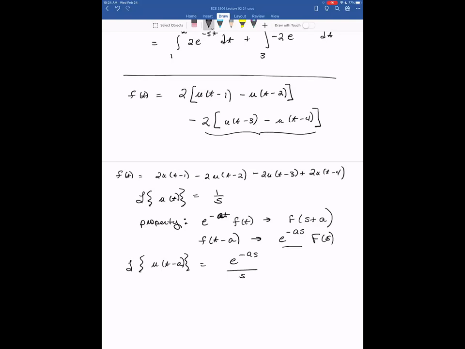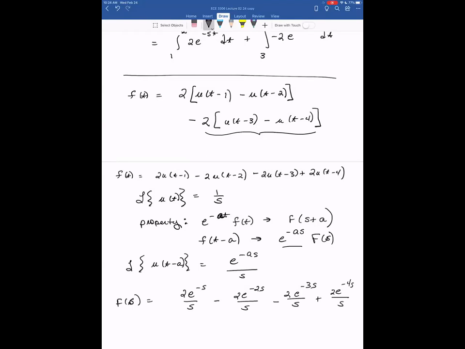Okay, so we'll go one at a time. So taking the first term, we have 2u of t minus 1. So a is 1. So we'll have 2 e to the minus s over s. The second term, we have minus 2 e to the minus 2s over s. The third term, we have minus 2 e to the minus 3s over s. And the fourth term, 2e to the minus 4s over s.